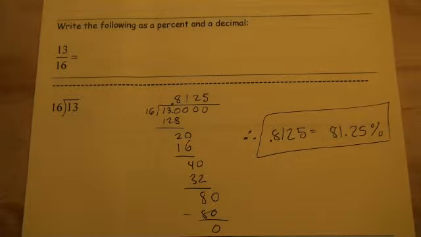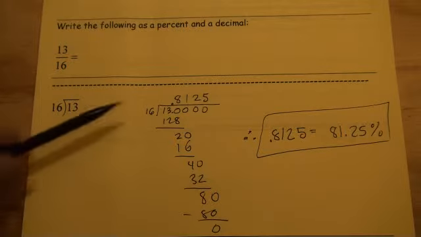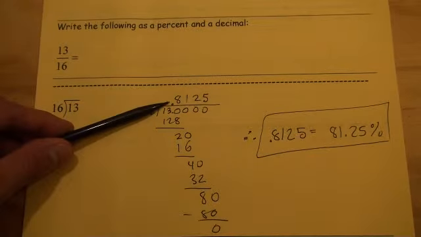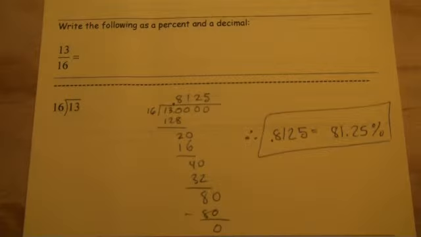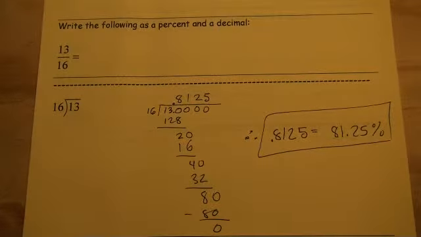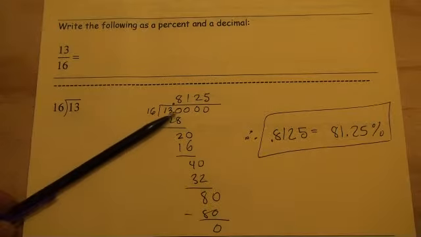You could put a 0 in the first spot, because 16 goes into 13 0 times, and go on from there. Nonetheless, 13 is 13.000. You can just continue to add as many zeros as you want. Take a look at the video on terminating decimals to review that concept. But we would then take 16 into 130.